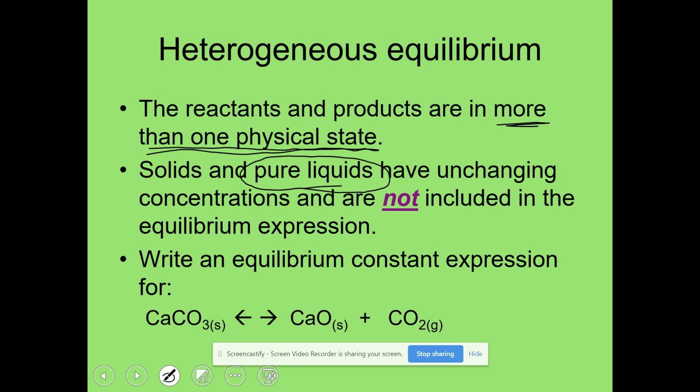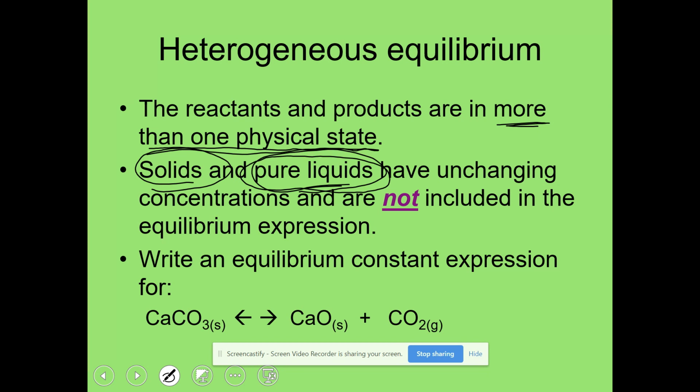And so these pure liquids, like water is 1 gram per milliliter. You always have the same number of particles in every liter. So again, these two, the solids and the pure liquids, their concentrations, the number of particles per unit volume, don't really change. So they're not in the expression. They're actually lumped in with the K, the constant, because they are numbers that don't change.